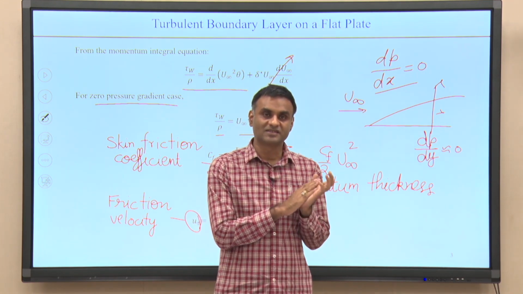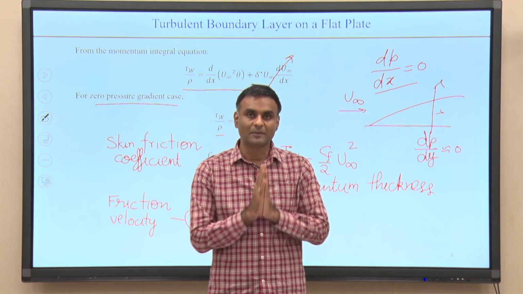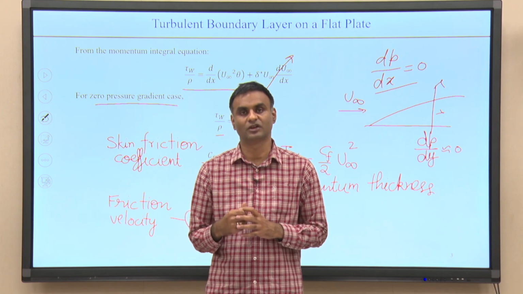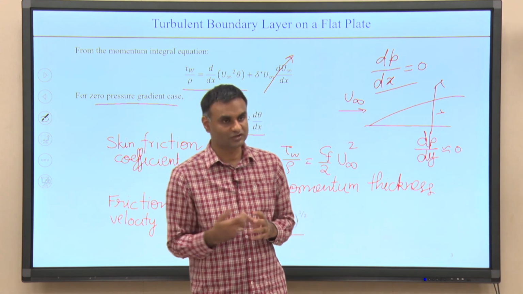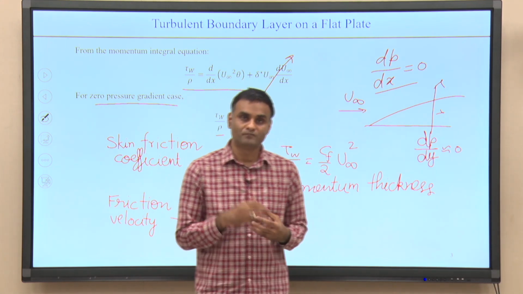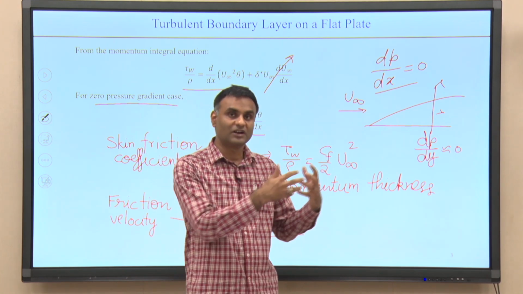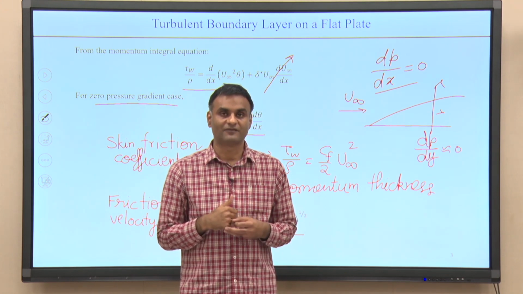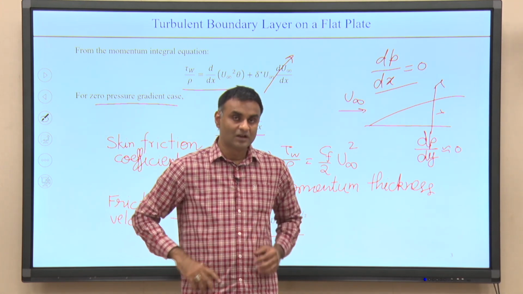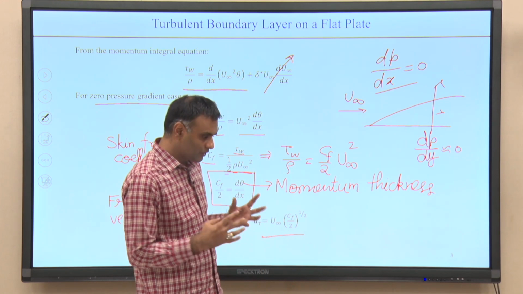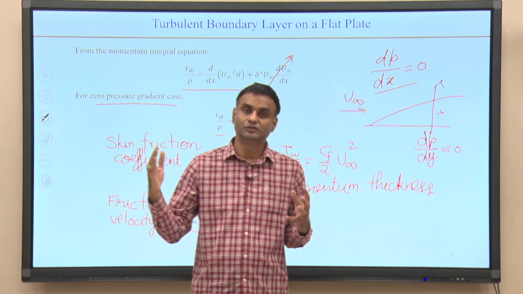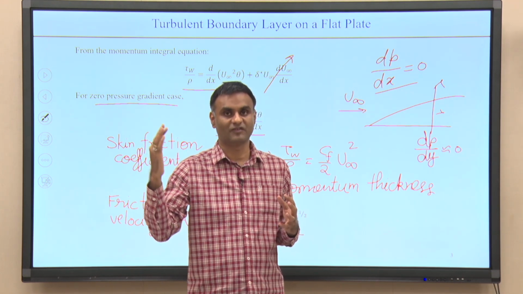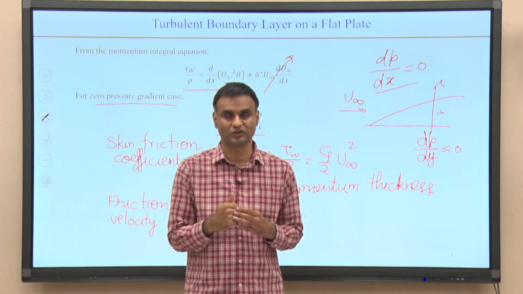In that case, when we talked about laminar flow over a flat plate, we assumed a velocity profile, and that velocity profile was a parabolic velocity profile, probably in analogy with what we observed in a laminar fully developed flow in a pipe. What we could do is assume a power law kind of velocity profile, or say a 1/7th power law kind of velocity profile.